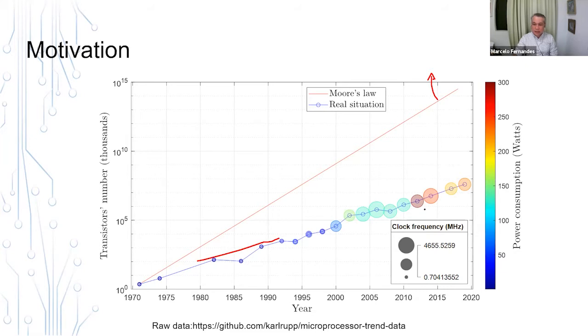So now, today, we have a big problem because the traditional computer architecture is at the limit. As I said before, we can get high throughput, but there is a power cost when you increase your throughput.